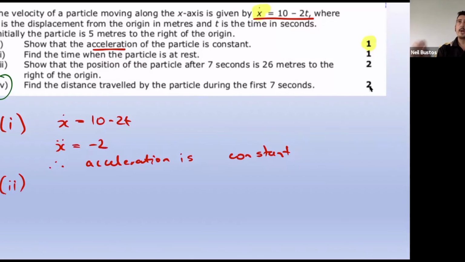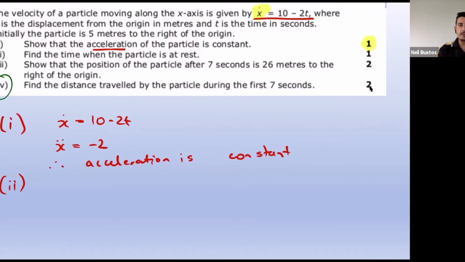Because what happens is that if I start driving down the freeway at 110 kilometers per hour and I take my foot off the pedal, so I've got 0 acceleration, will the car keep moving? Yes, it will. So the only way we can know if the particle's at rest is if velocity is 0, okay?